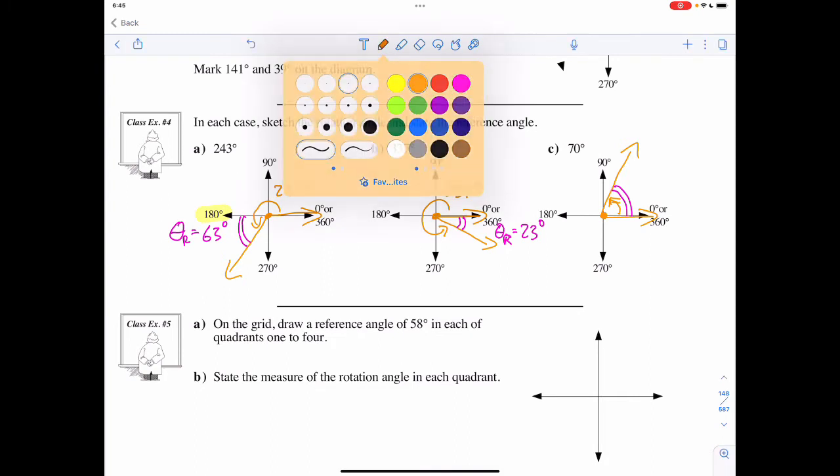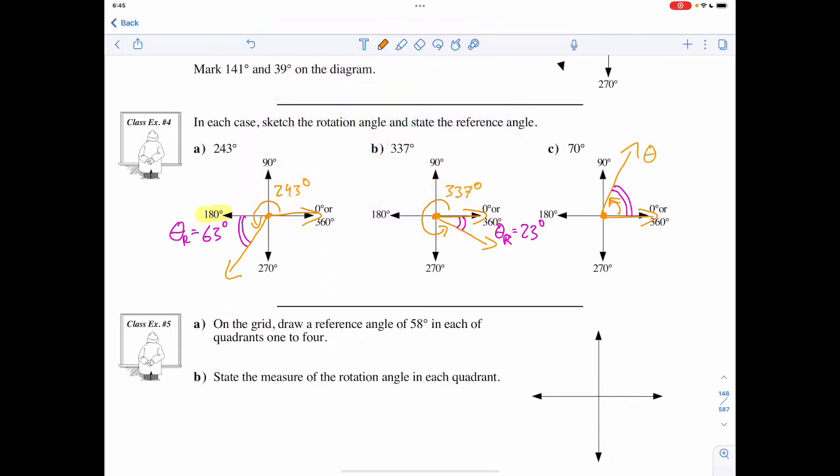So this is one of the unique cases where my angle is 70 degrees for my rotation angle, and my reference angle is also 70 degrees.